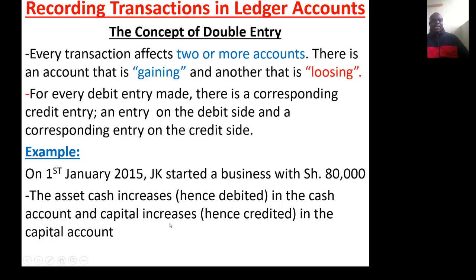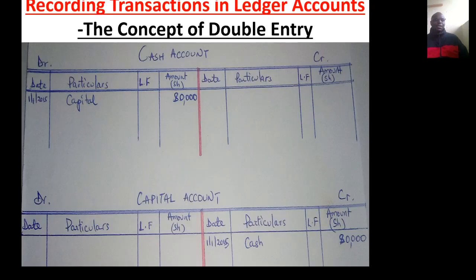So as we've said, on 1st January 2015, KK Traders started a business with 80,000 cash. So we have an asset, cash, that is increasing in the business. And we have capital that is increasing. It is additional investment in the business. So the cash account will appear like this.